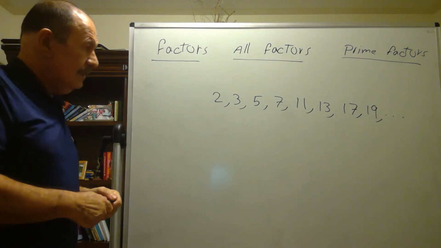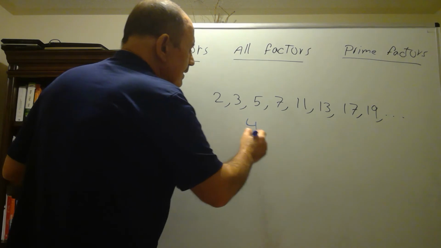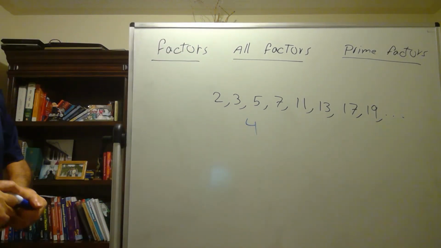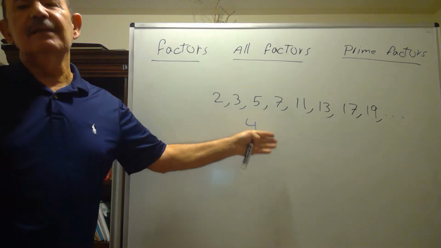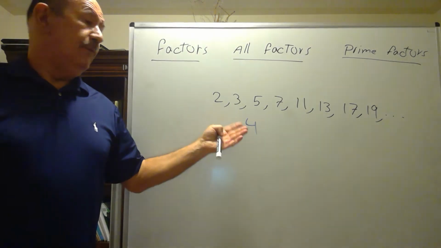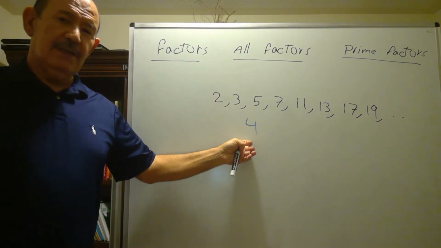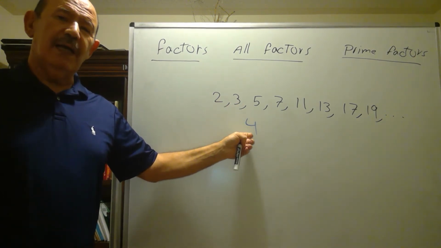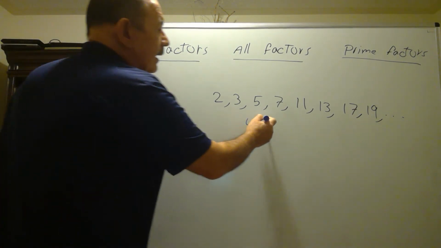But 4 is not a prime number. Why? Because 4 is divisible by 1, 4, and 2. Prime numbers should be divisible only by 1 and themselves. So 4 is not a prime number.